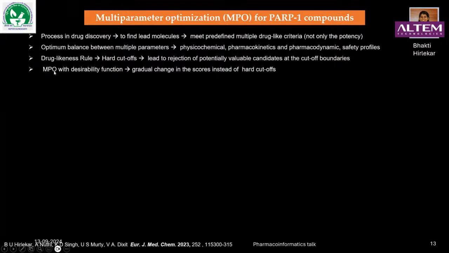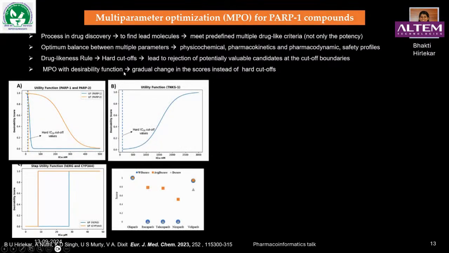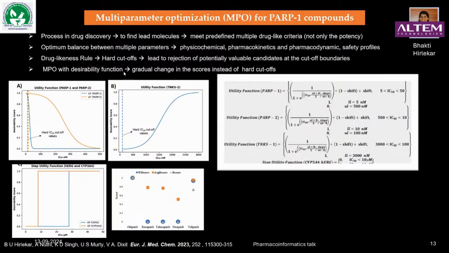Therefore, multi-parameter optimization should be done with soft cutoffs known as desirability functions. And we analyzed the known literature on these PARP inhibitors, and we developed our own multi-parameter optimization desirability functions.